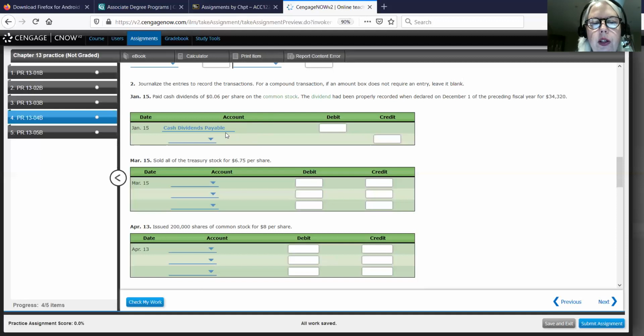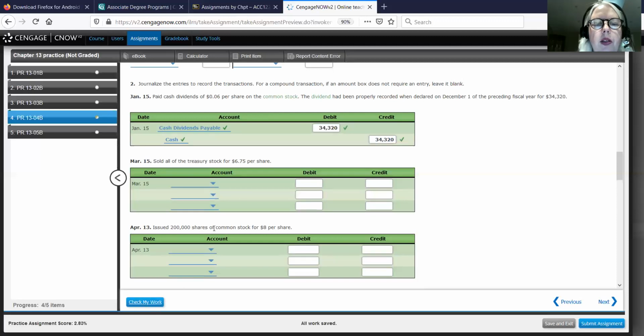So we're reducing this on January the 15th by the amount that we had recorded on December the 1st, which would have been the $34,320. We will credit our cash account for $34,320. And that's the first journal entry of this year, which is January the 15th.